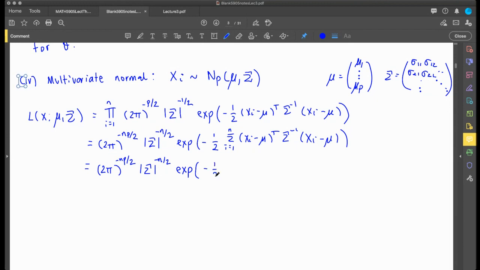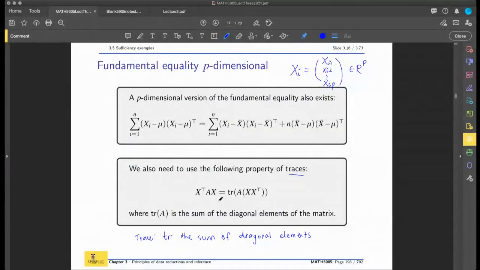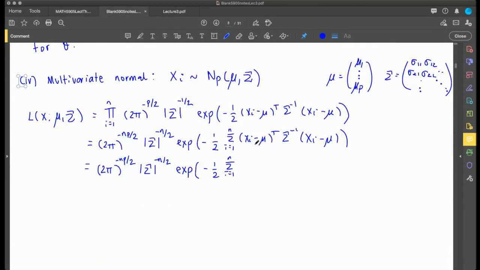Exponential of -1/2, the summation, and now I'm going to use my trace property. So here we have something transposed times a matrix times that same thing. Well, if we look back here, this is what we had here. We had something transposed times a matrix times that same thing. Well, I'm going to replace it now with this expression, where A is the variance covariance matrix and X is this xi minus mu.